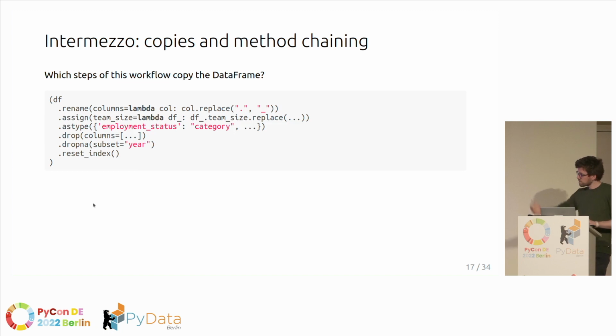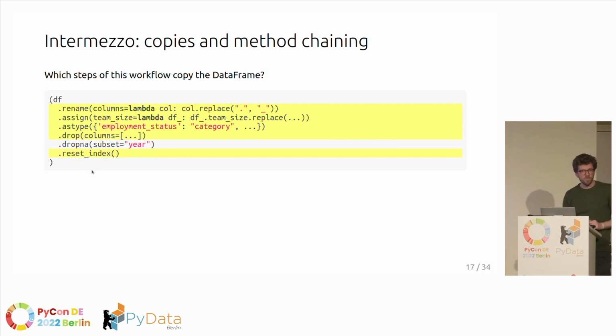Quite straightforward steps, each of them. But the question here, on the slide, is which of those steps is actually copying the data frame. And that is all the steps: each is copying the data frame while it's actually not needed because it's directly used in the next step. And yes, we are copying the data without good reason.